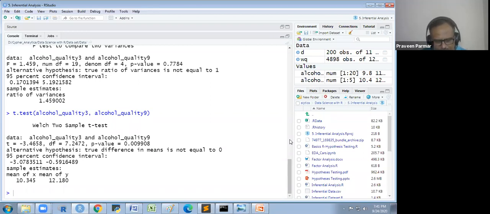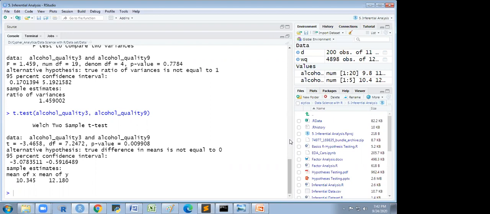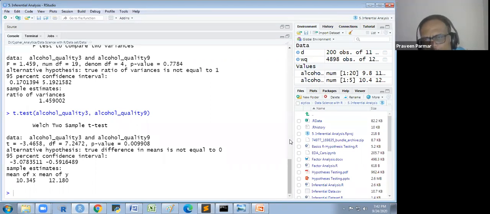Read this result and tell me what is wrong. Read the result carefully. Degrees of freedom in fraction. Correct. Degree of freedom is always a natural number. Here it is 7.2, a fraction.